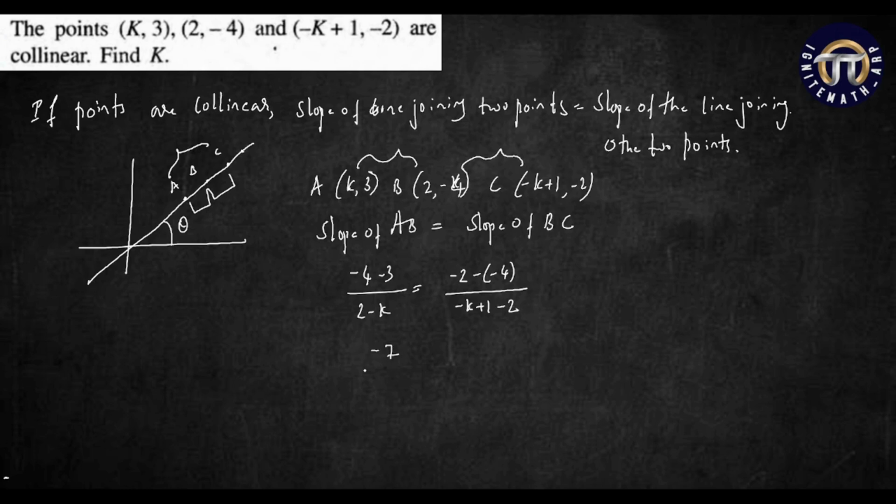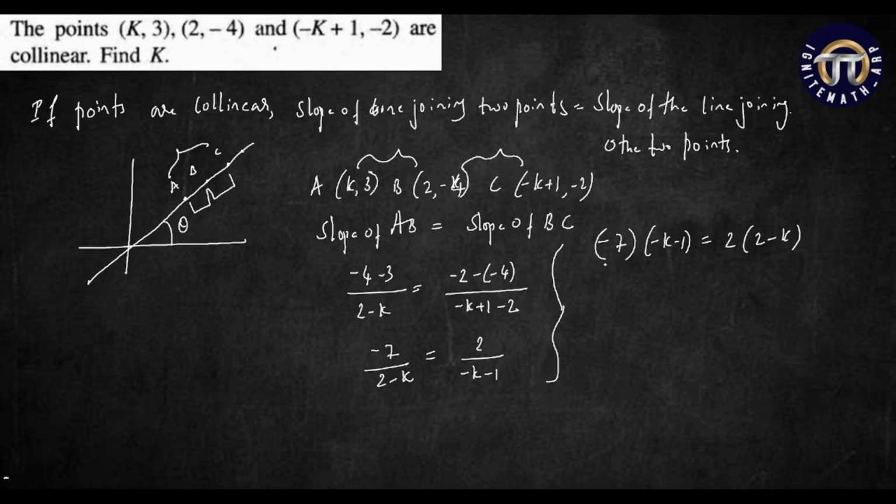So -7 by (2 minus k) is equal to 2 by (-k minus 1). So I can simplify this as -7 into (-k minus 1) is equal to 2 into (2 minus k). So this becomes 7k plus 7 is equal to 4 minus 2k.